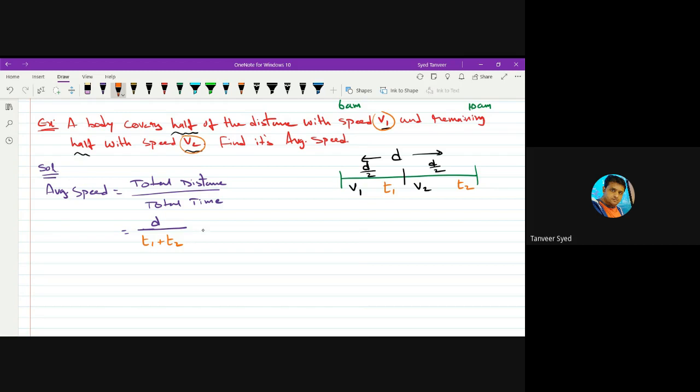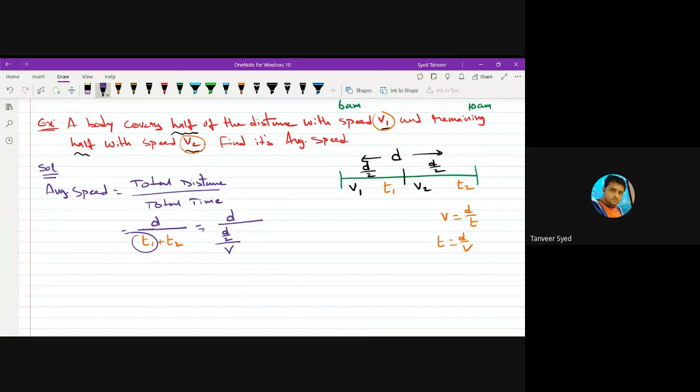See, t1 is the time taken to cover first half of the journey. We know speed is equal to distance by time. From this, time is equal to distance by speed. So in place of this t1, can I write it as d by 2 by v1?